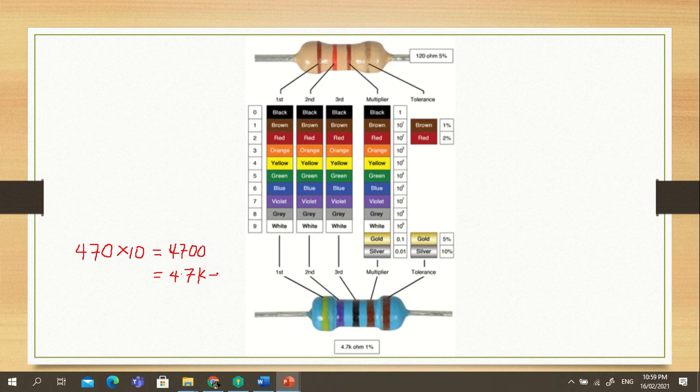You can use the symbol kilo ohms. Then plus or minus: the color is brown, and the tolerance for brown is 1%. So we have plus or minus 1%.